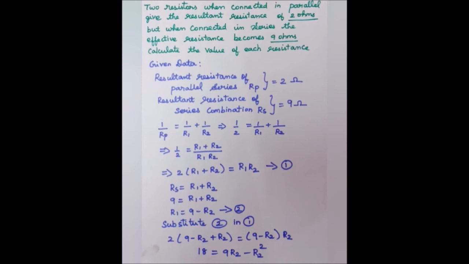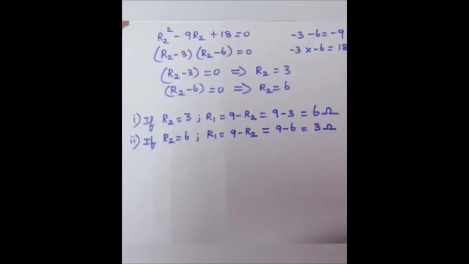We get 2 into 9 minus R2 plus R2 equals 9 minus R2 into R2. This R2 gets cancelled. We get the equation R2 square minus 9 R2 plus 18 equals 0.